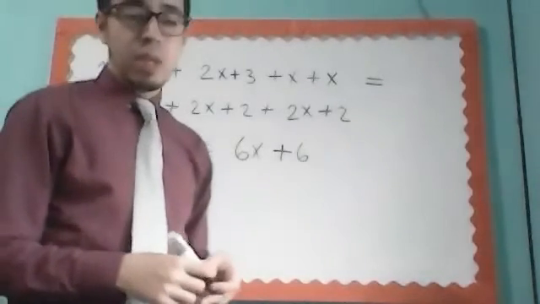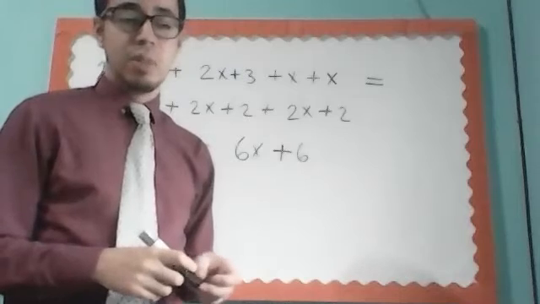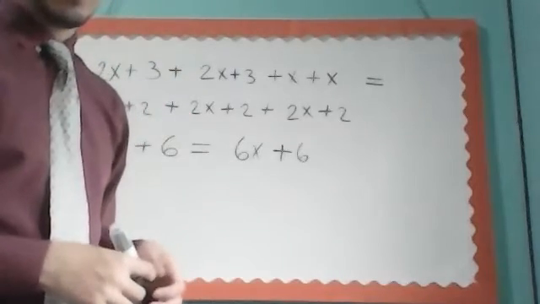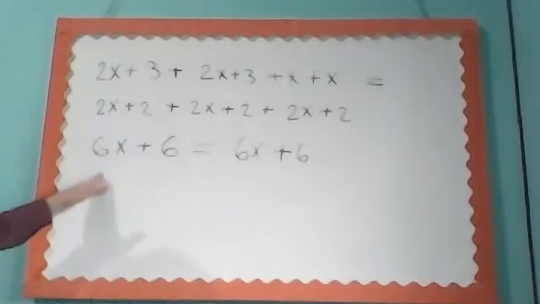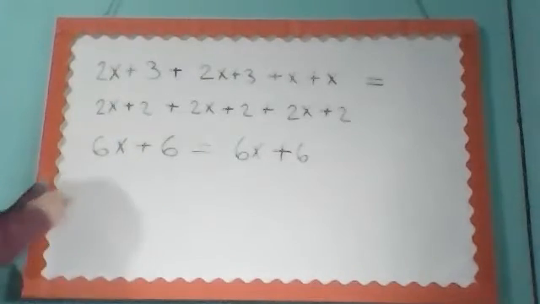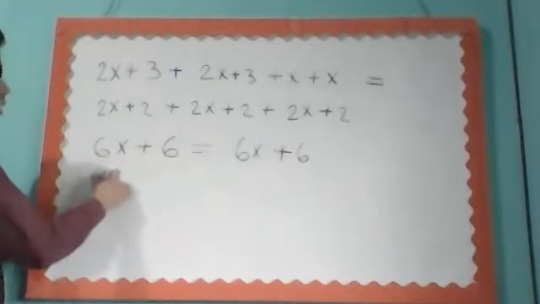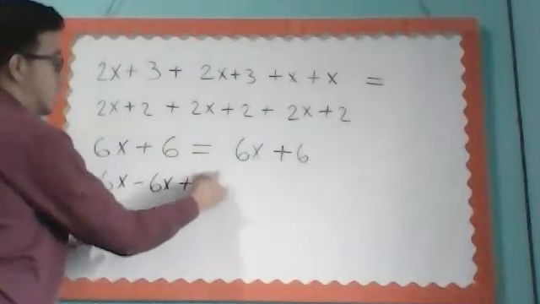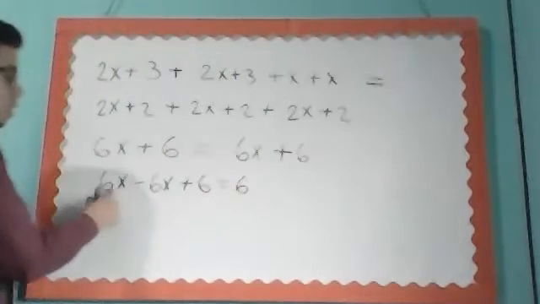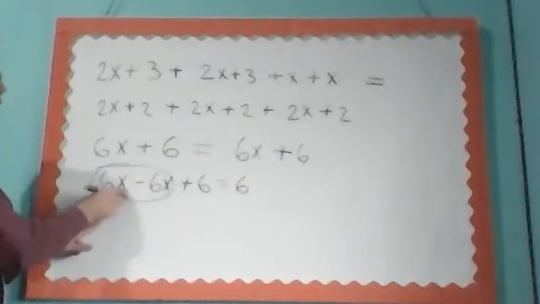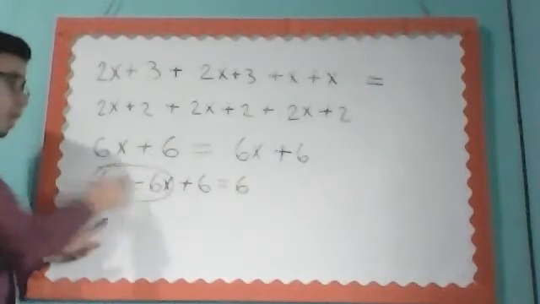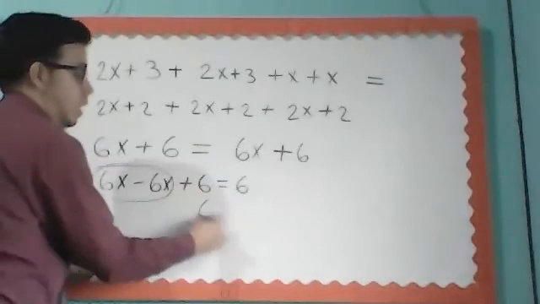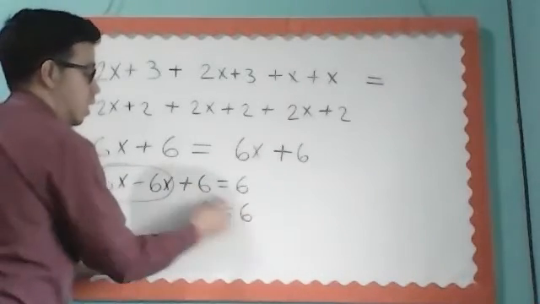So we need to find for what values of x will be 6x plus 6 equal 6x plus 6. We can simplify in here. If you pass the variable to the other side, 6x minus 6x plus 6 equals 6, you are going to eliminate this, right? Because 6x minus 6x, you can eliminate it. This is going to be 0. At the end, you only have that 6 is equal to 6.